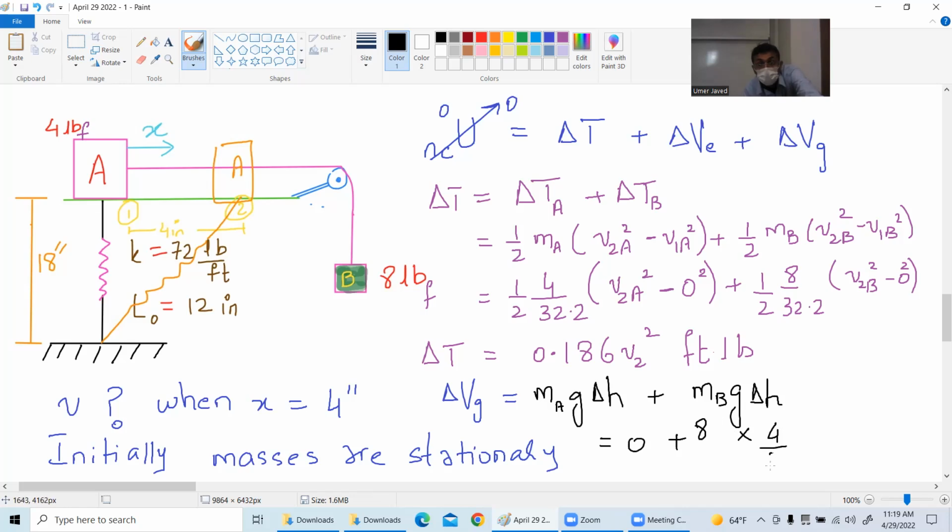Okay, 4 by 12, he's right. And here mg is 8 pound force. Well, how is it 4/12? Because he also mentioned that x is 4 inches. So if this moves 4 inches, this drops 4 inches.